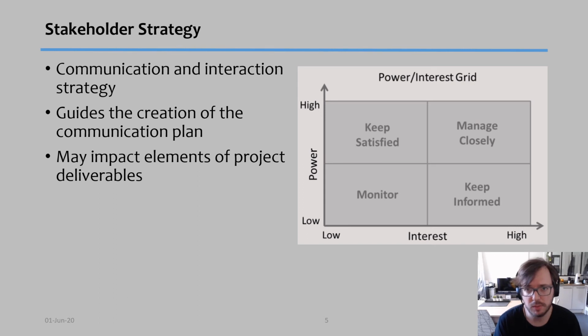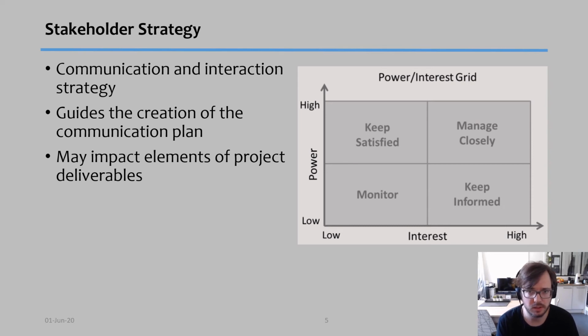Now, let's start with the most basic one, which is the strategy of monitoring. Monitoring applies when you have a stakeholder that has low interest in your project and low power to affect your project. We're not just going to ignore them, rather we're going to monitor them.